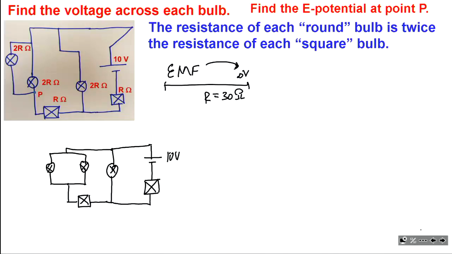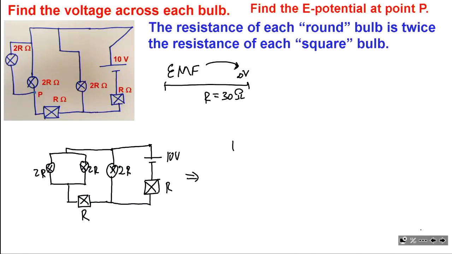But if we do it algebraically, this is R, this is R, this is 2R, this is 2R, this is 2R. Now we can, algebraically usually means simplify the circuit.